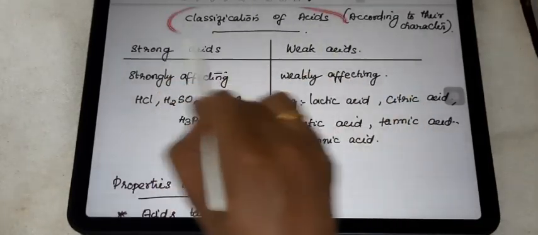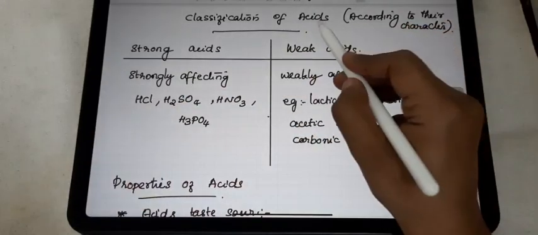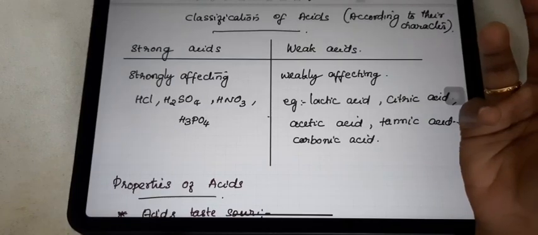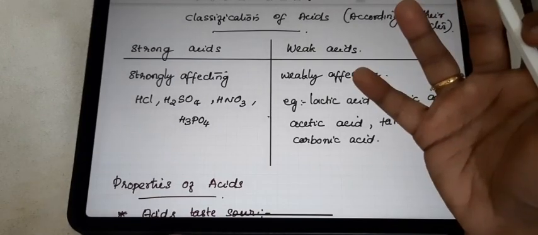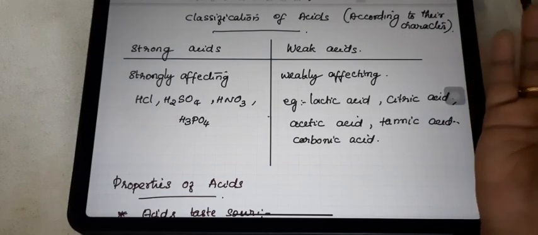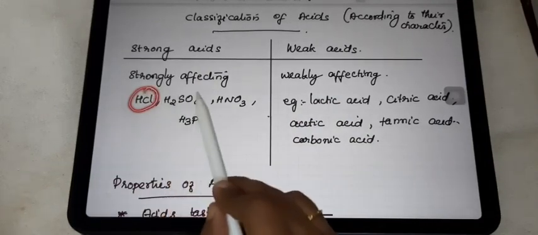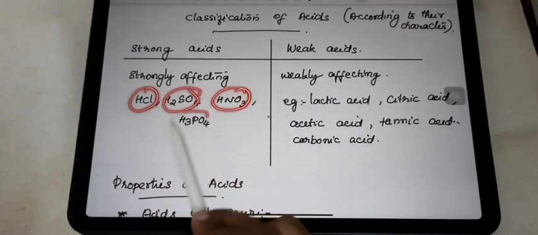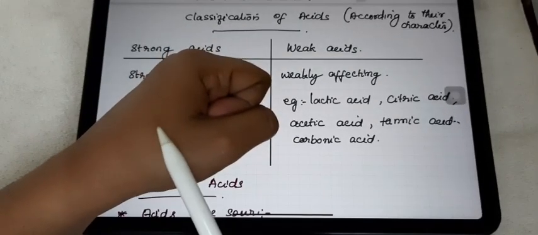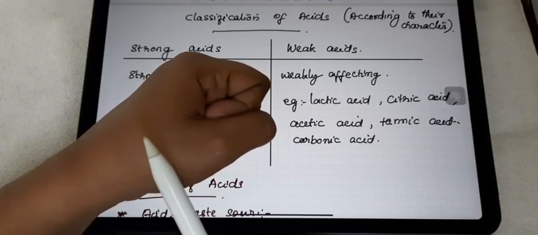Then, the classification of acids is next. What's the meaning of classification of acids? It means acids are divided into two: strong acids and weak acids. According to the strength of the acid, it is divided into strong and weak. As I told, when HCl, H2SO4, HNO3 or H3PO4 touches your body, it really feels like a burning sensation.